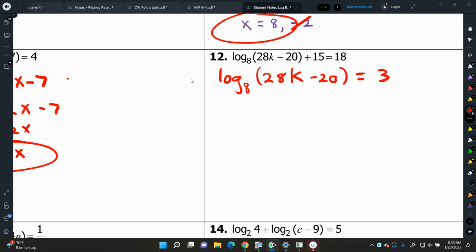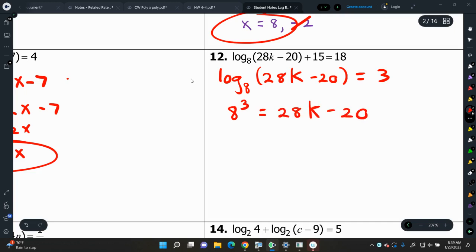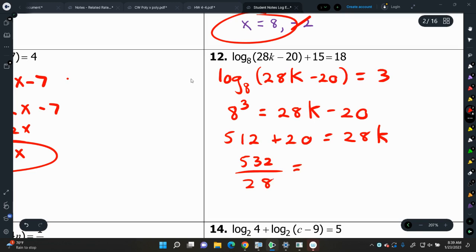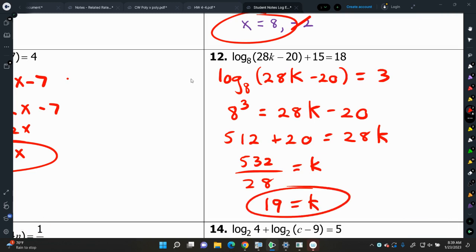So that we've got 8 to the third equals 28k minus 20. 8 to the third is 512. Add 20. So we get 532 divided by 28 equals k, which is 19. Thank you. There we go. Are we good?